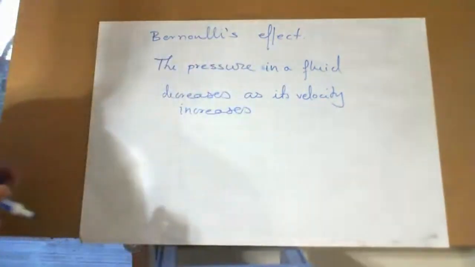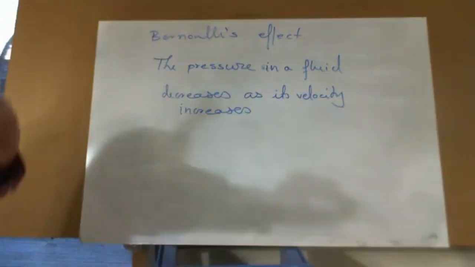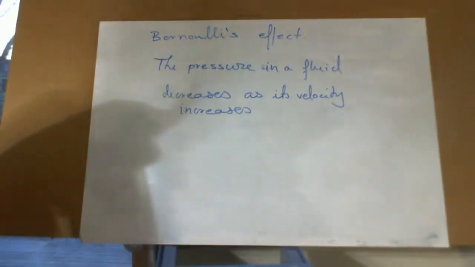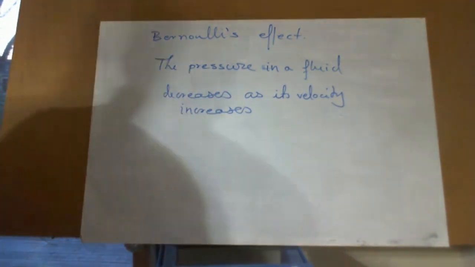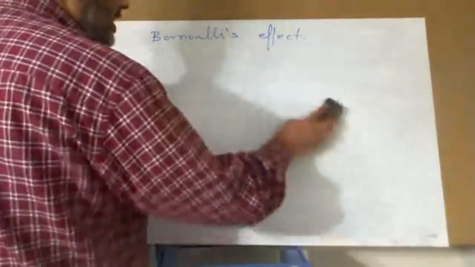So if the liquid is flowing or fluid is flowing faster, the inside pressure actually decreases. If it's flowing slower, the pressure increases. So let's see what that is. All right, so that's Bernoulli's effect. So anytime the fluid flows faster, the pressure decreases.